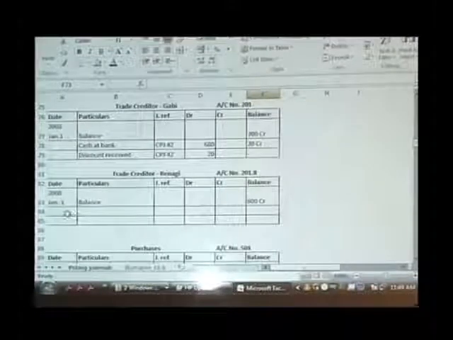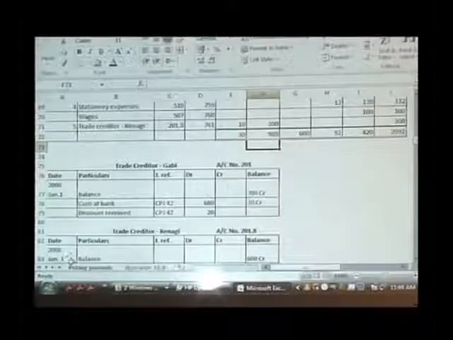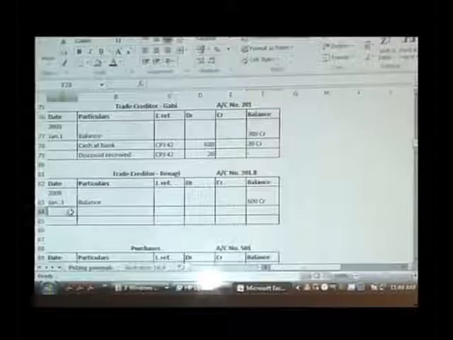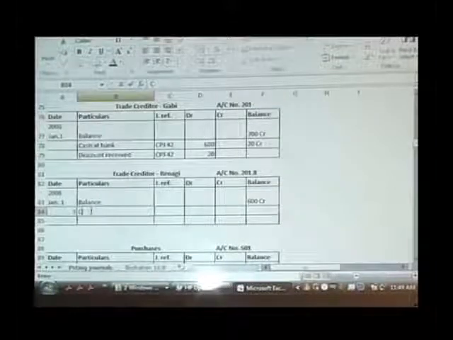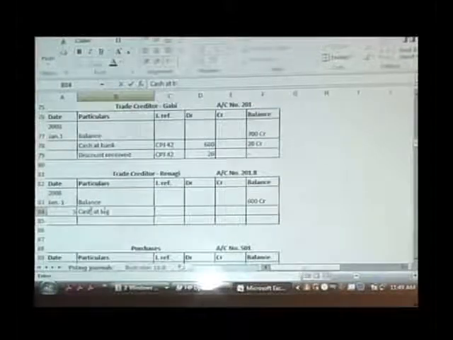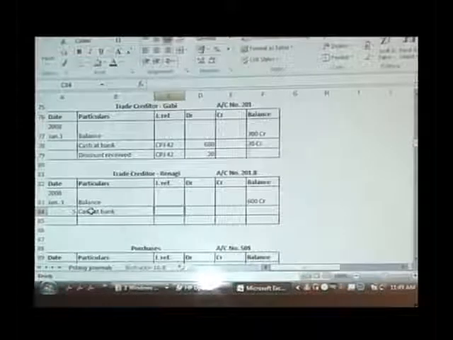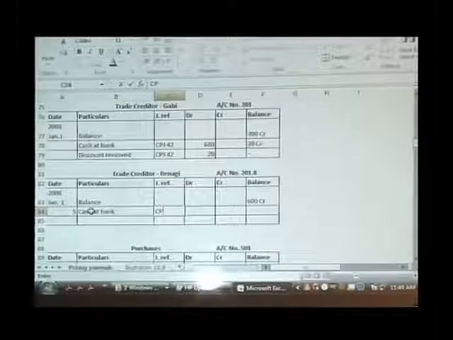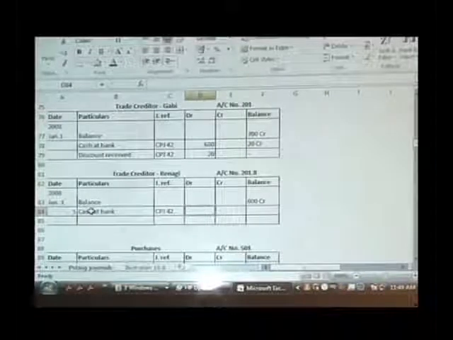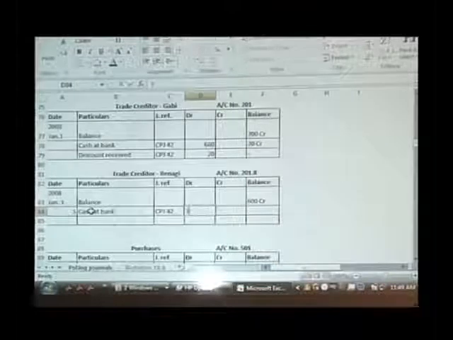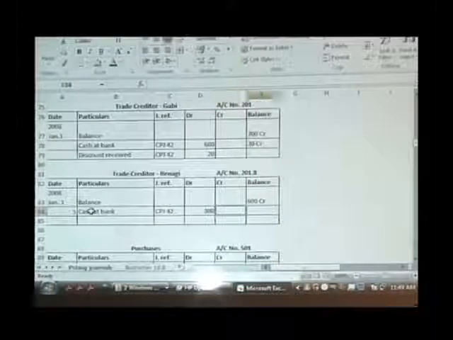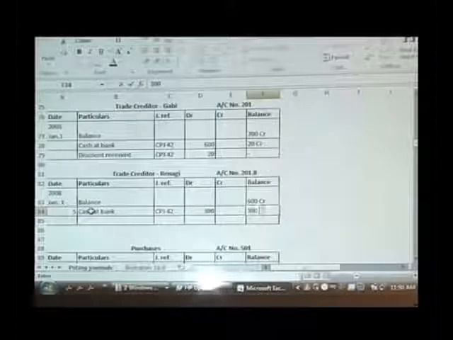Then date 5th January. Cash at bank, CPJ 42. Amount paid is 300. Now the balance is 300 credit.